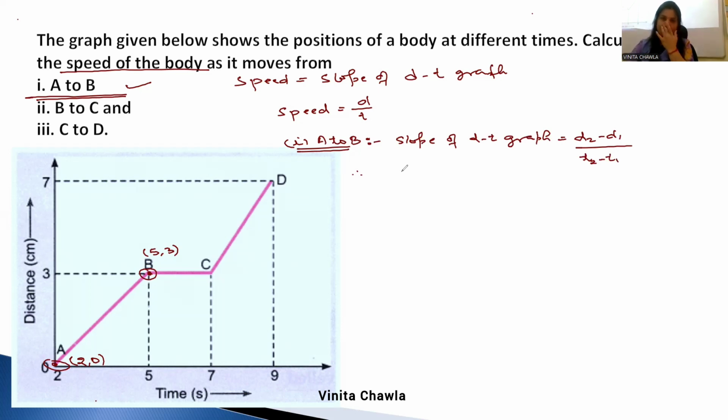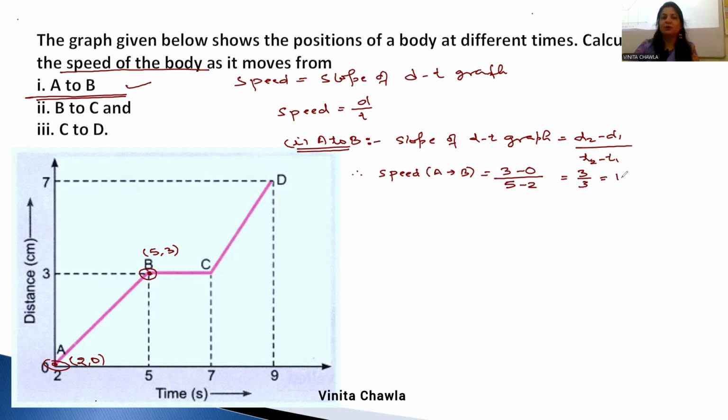Therefore, speed in this time interval from A to B is equal to 3 minus 0, and then 5 minus 2, so it's 3 upon 3. 3 upon 3 is 1.